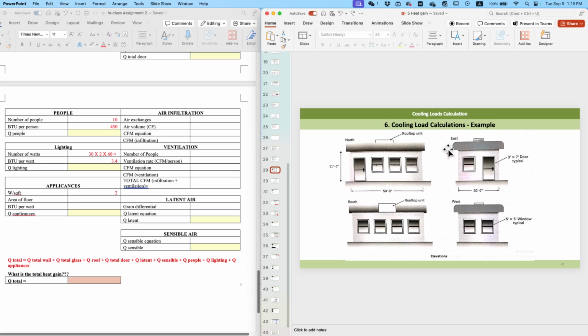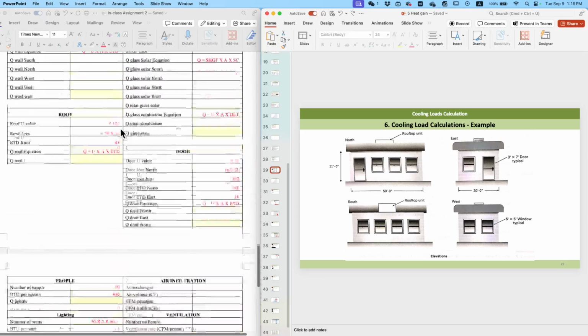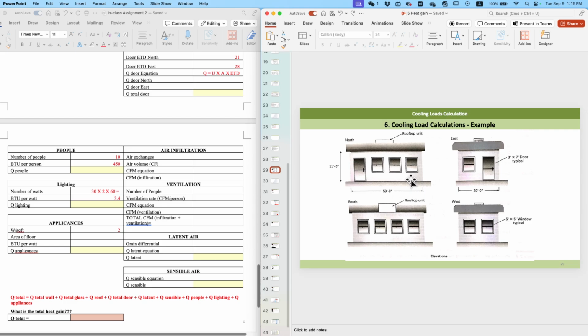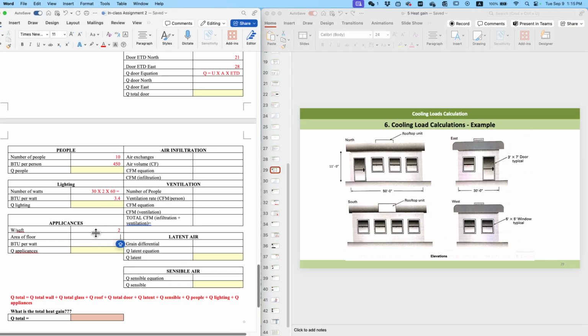The floor size is the same as the roof size. You already finished the roof area calculation, so the floor area should be the same as the roof area, especially for a flat roof. And this building is very small, so 50 by 30 is the floor area.